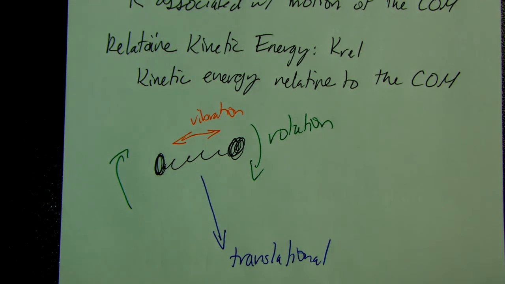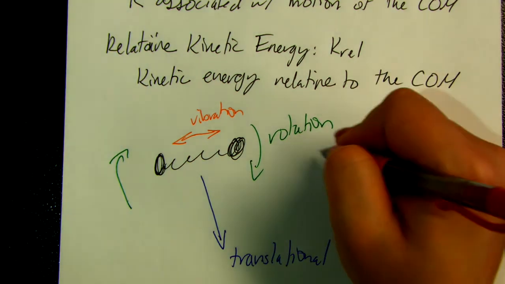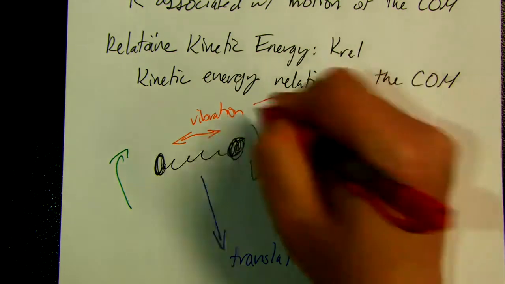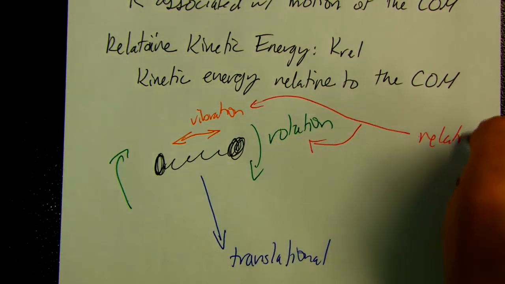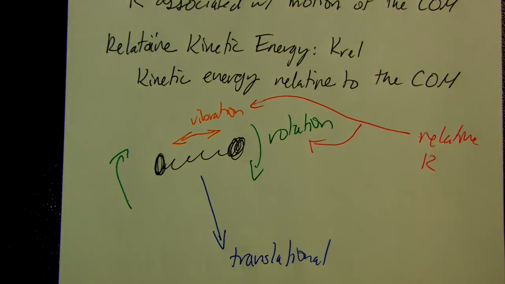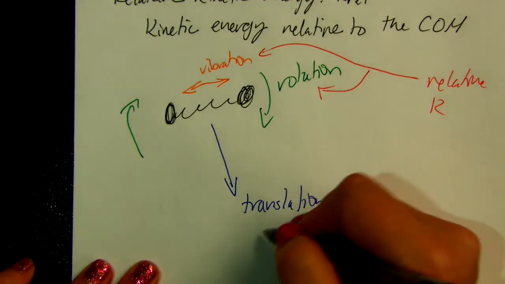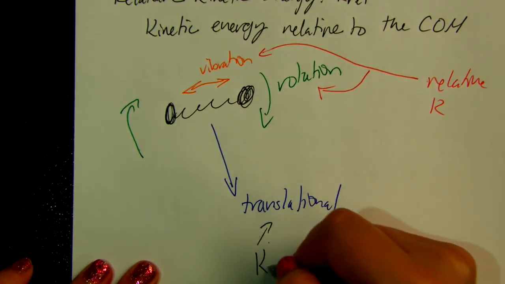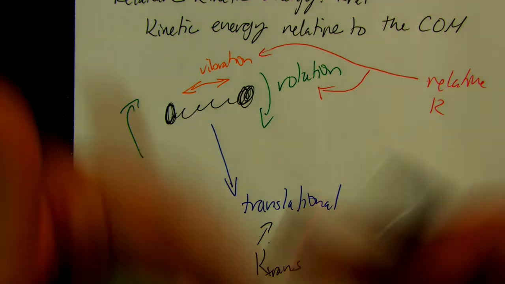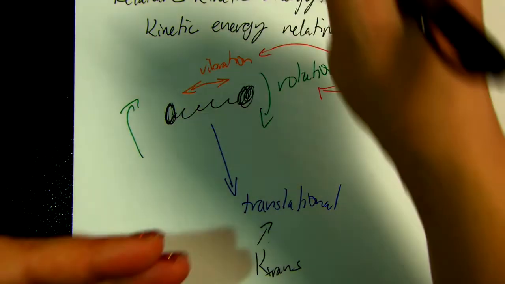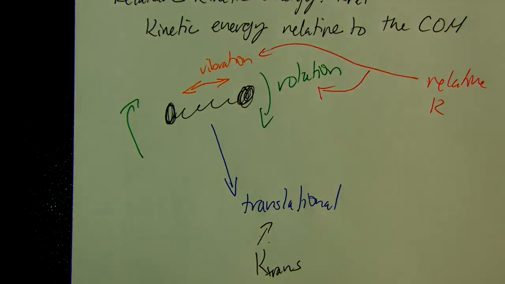So all of this vibration and rotation is relative kinetic energy. And the translational is, of course, translational. So that's how you think about it. So we've got translational and everything else. It's happening around the center of mass, but it's not the movement of the center of mass.